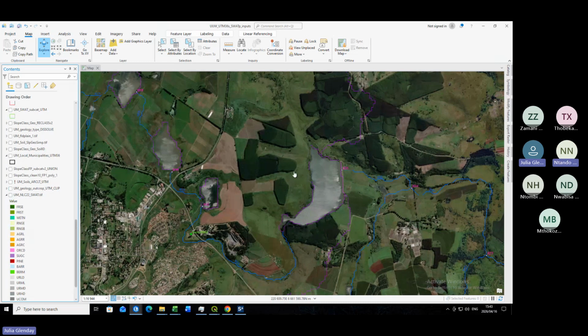So this one I should call Saint Isidore. Can you confirm the spelling? S-T Isidore. Maybe I can write the name in the chat. Okay, great. So this one I call Saint Isidore, and this one Home Farm.